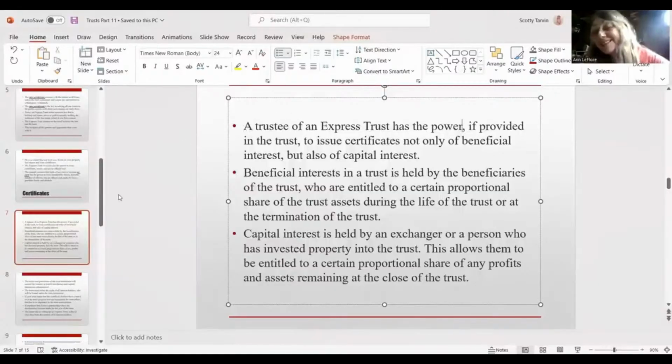Okay, guys. Yes, I do. So in a trust, we have 100 shares of capital interest. We also have 100 shares of beneficiary interest. And we get to literally say how much that interest is.